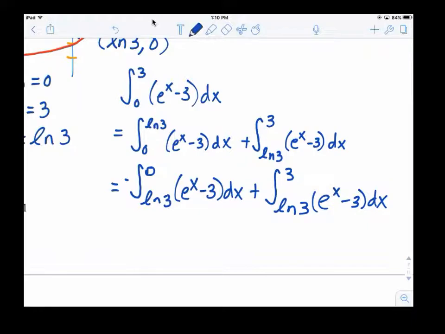Like when you work backwards with the negative on the outside, now this will become positive.